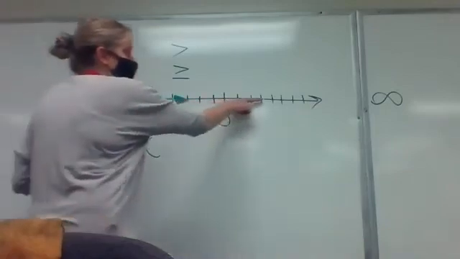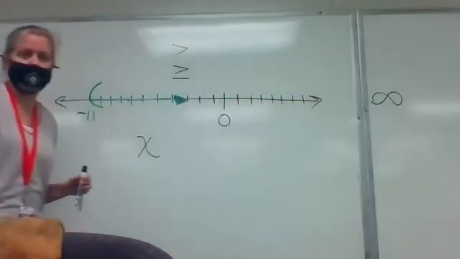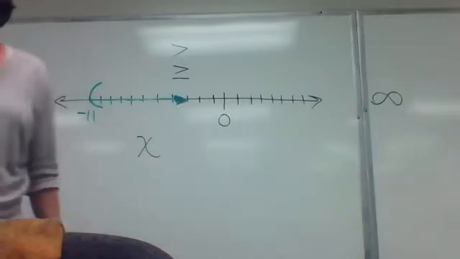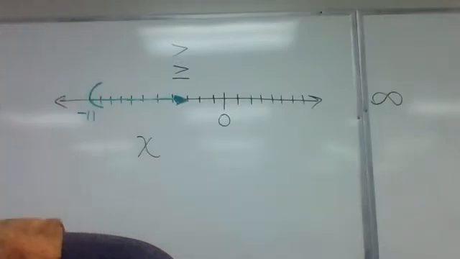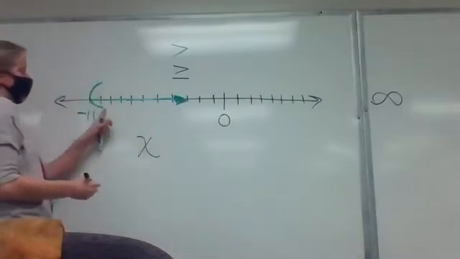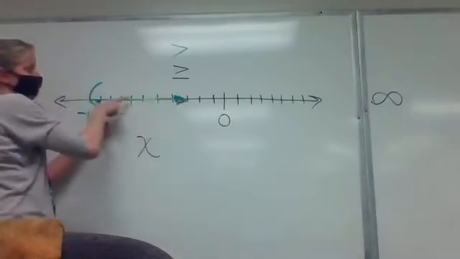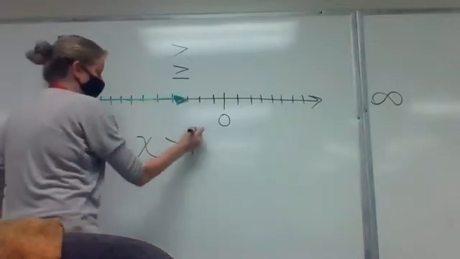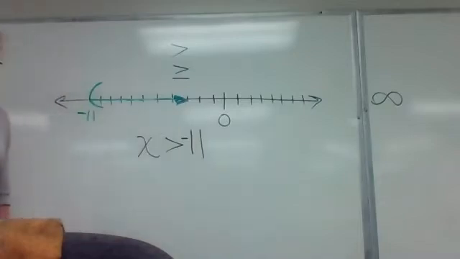All of these numbers this way are greater than negative 11, right? The numbers less than negative 11 would be to the left of it. So you can kind of think of it as that: less than would be a left arrow, less than left. So when I'm writing this as an inequality, that means all the numbers on this side of negative 11 are greater than negative 11.